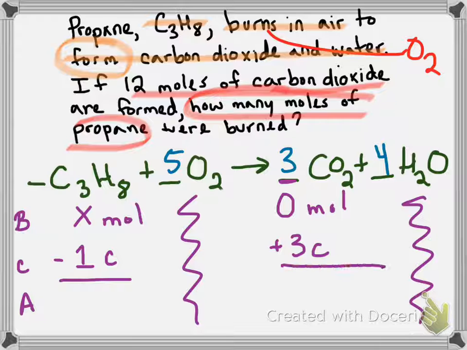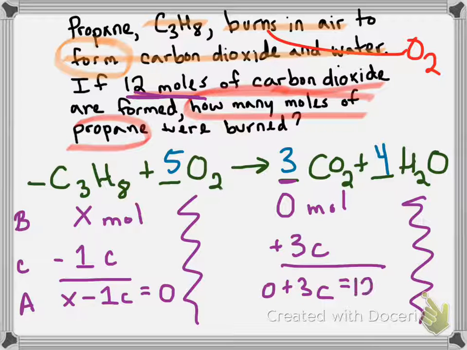So then, for my afters, I have X minus 1C needs to equal 0 because all of my propane is being burned. And I have 0 plus 3C needs to equal 12, because I am told that 12 moles of carbon dioxide are formed.